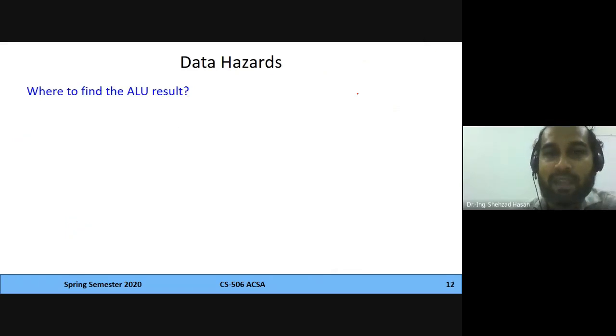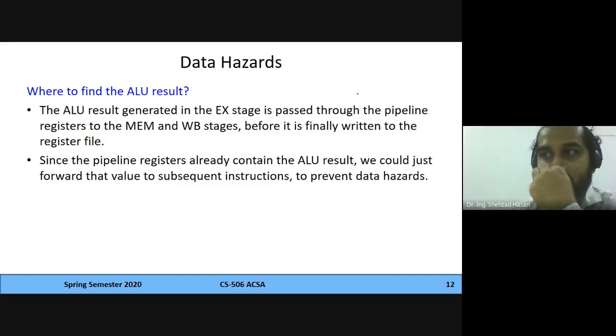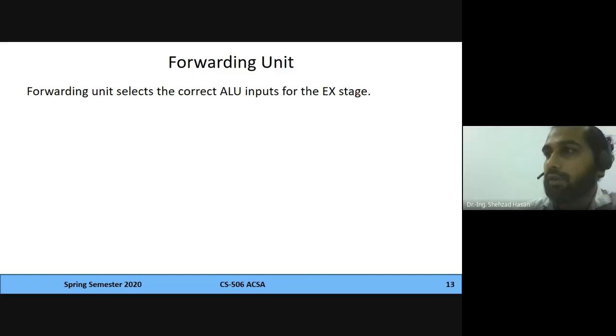So where to find the ALU result? We have already talked about that. We can get this result from the EX-MEM pipeline register or the MEM/WB pipeline register, right? So how is the forwarding unit going to select the correct inputs to the ALU?